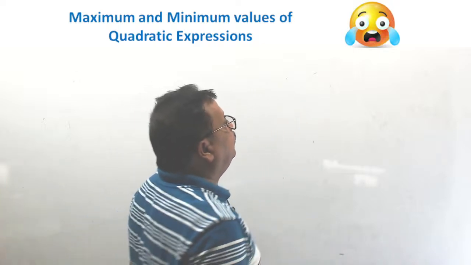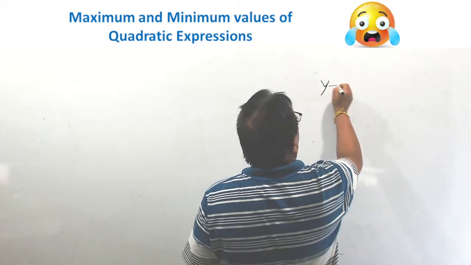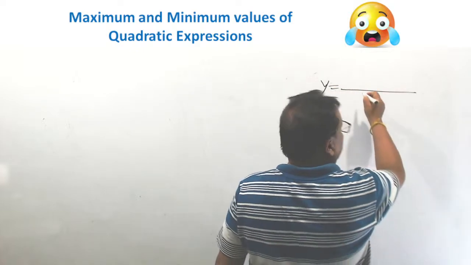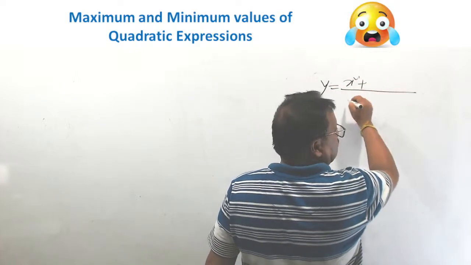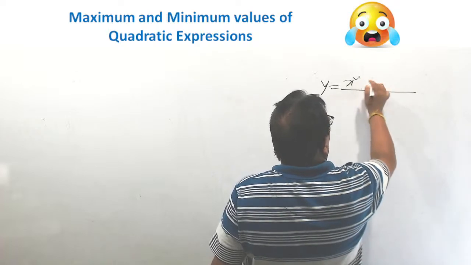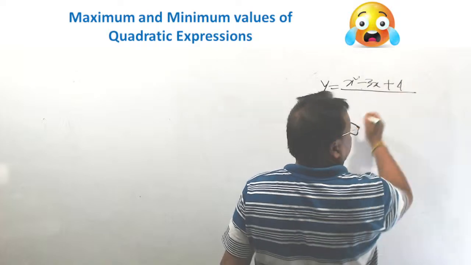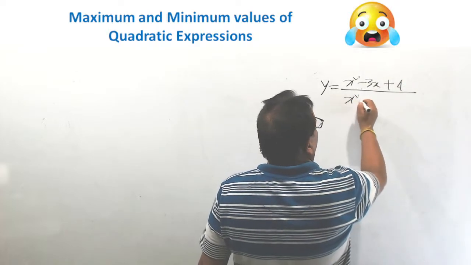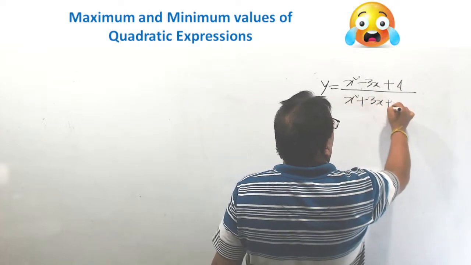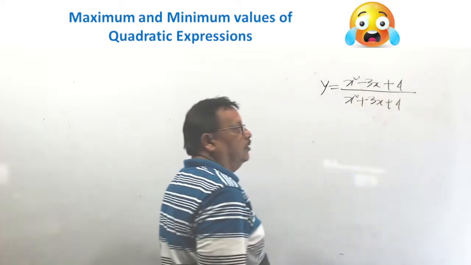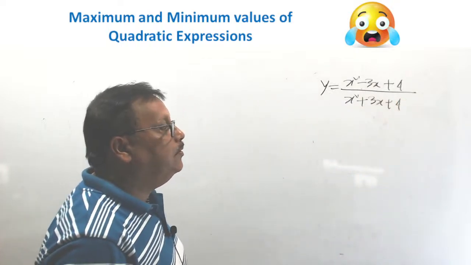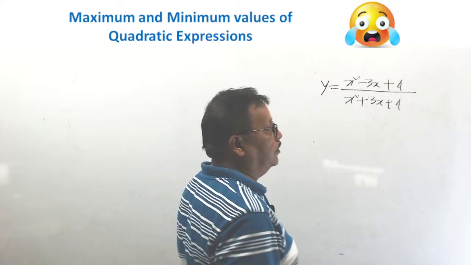Let the value be y. You have to find the values of y: x square minus 3x plus 4 over x square plus 3x plus 4 is equal to y.